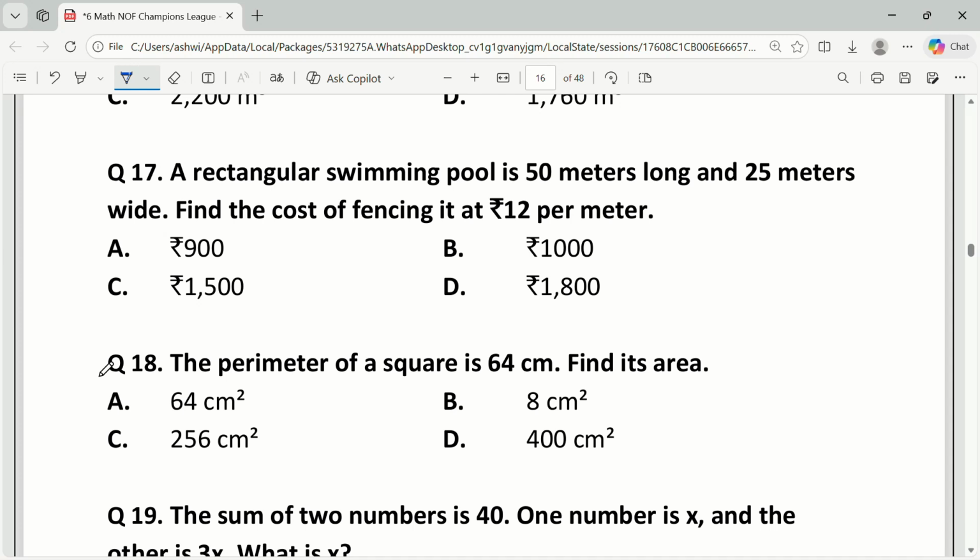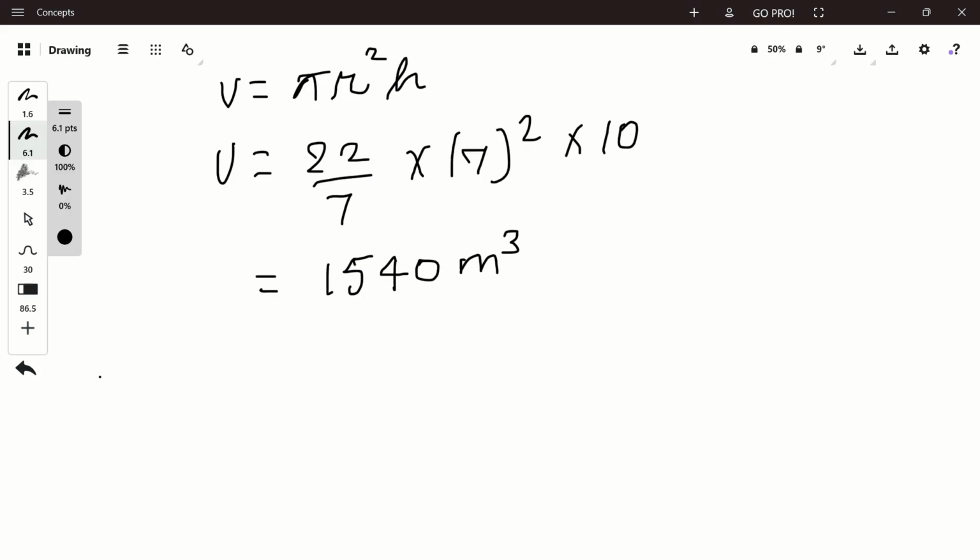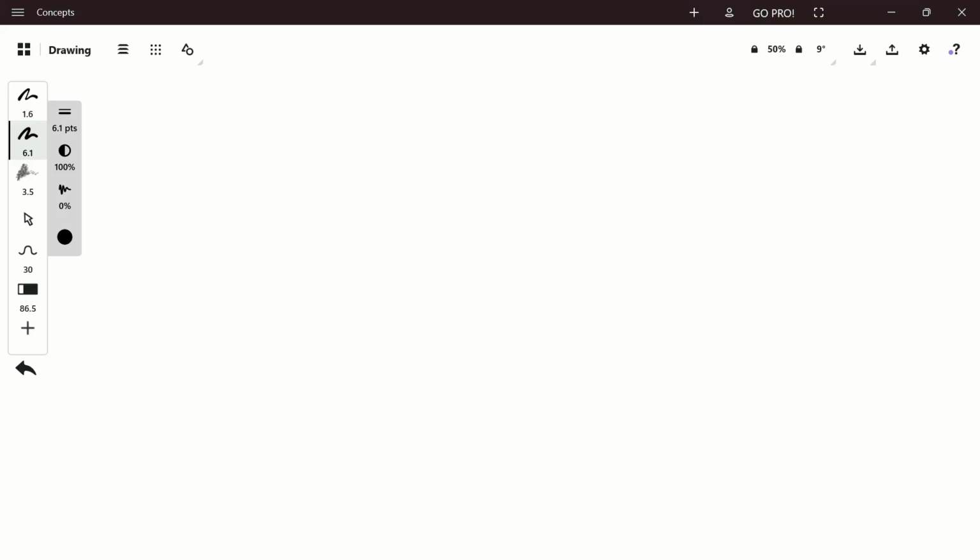Question 17. A rectangular swimming pool is 50 meters long and 25 meters wide. Find the cost of fencing it at rupees 12 per meter. The perimeter P of a rectangle is given by P is equal to 2 times L plus W, where L is the length and W is the width. Using L as 50 and W as 25, we have P is equal to 2 times 50 plus 25.